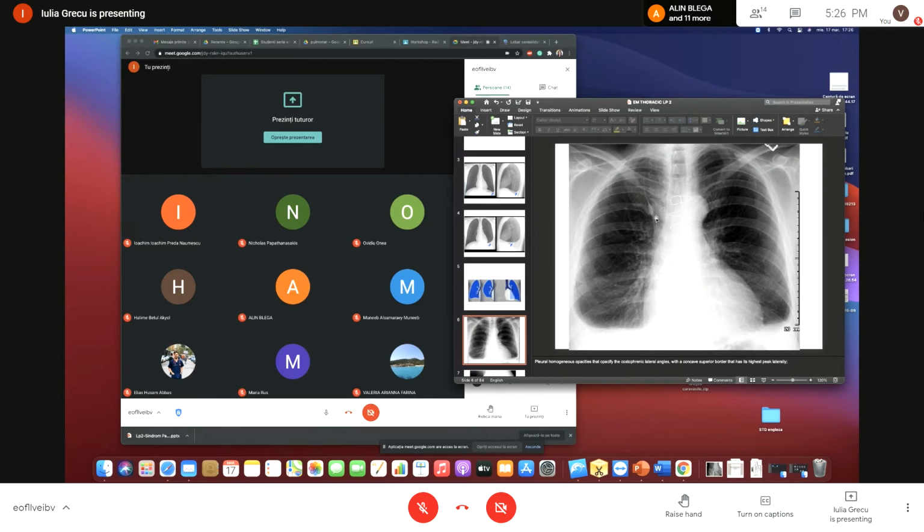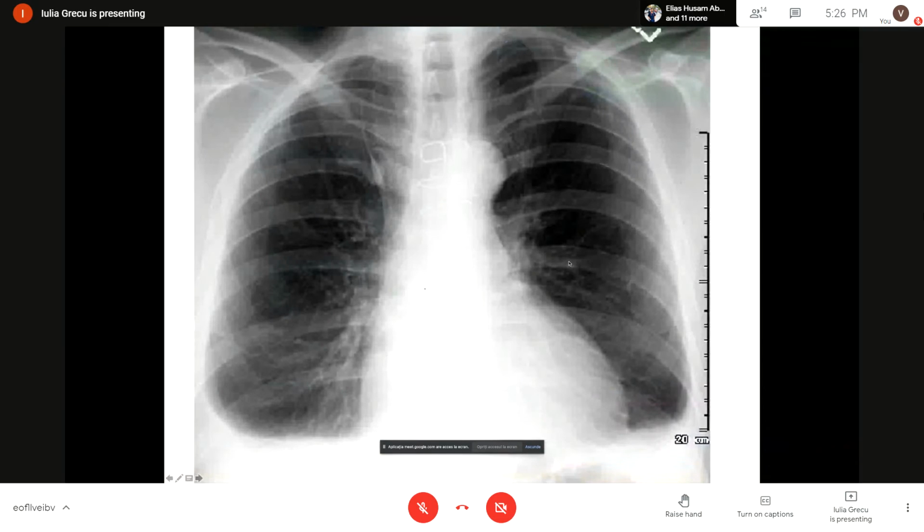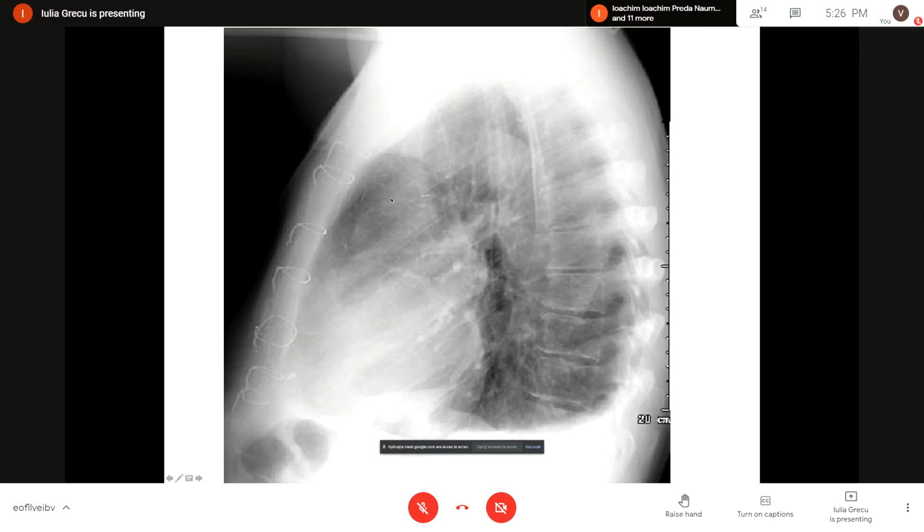So it's an extra fissure. You can see this in many patients, and it's something normal. It's just a normal anatomical variant. It's not a stent because it should have been along the projection of a vessel, and here it is in the lung. So that was that.